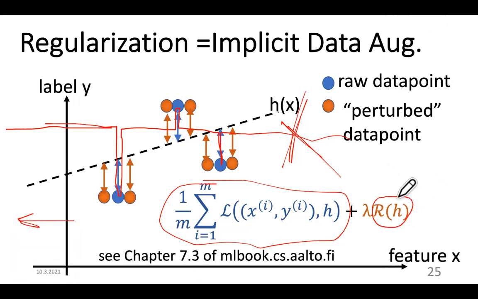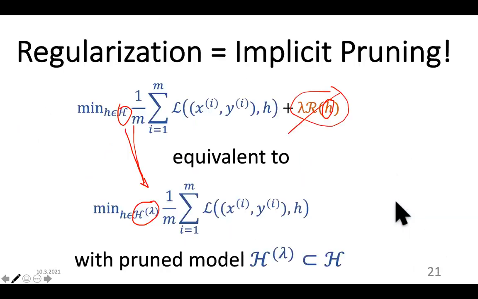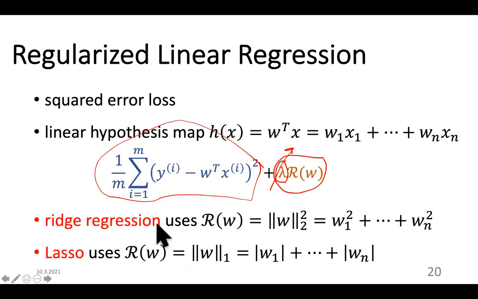So different choices for the regularization function correspond to different probability distributions. If this distribution of the perturbed data points is Gaussian, then what you get for this regularization term is the sum of squares of the weights, which is then ridge regression. So ridge regression is implicitly doing data augmentation by drawing from a Gaussian distribution centered at each raw data point.